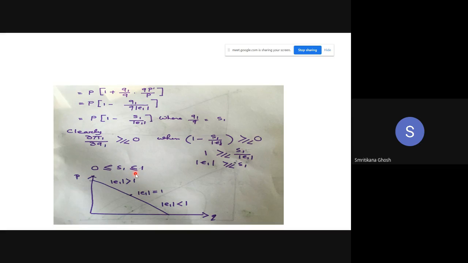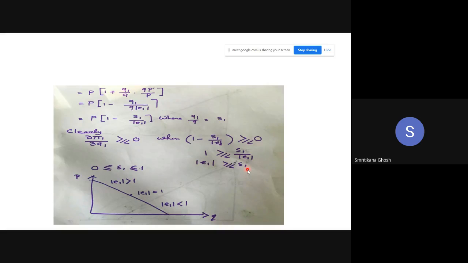Now look, if your demand is in this portion, that means elasticity is greater than 1. That means elastic. In that portion, elasticity, that is E1, is greater than S1, because S1 cannot be greater than 1. It is always less than 1.